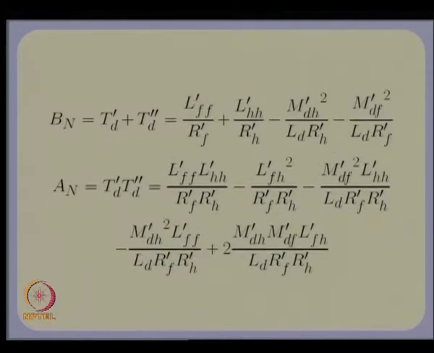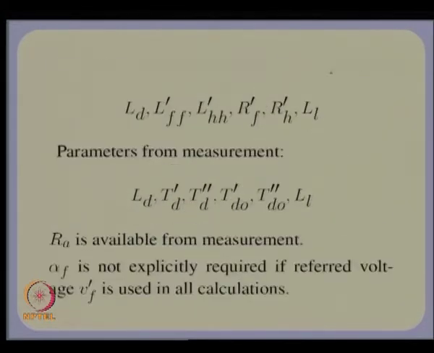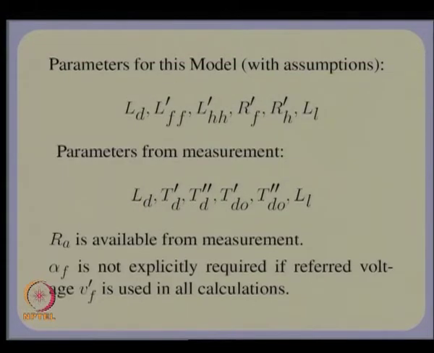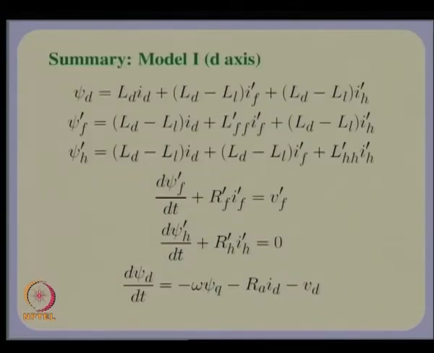Using these you can back calculate all the parameters required by this model. This is an interesting and important model, and most books and the literature follow this kind of model. This is the model on the d axis.